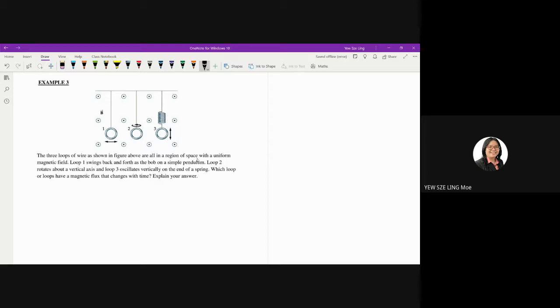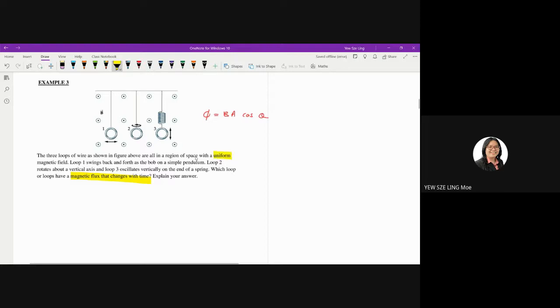So what are we going to do now? First of all, let us look at the equations. Which loop has a magnetic flux that changes with time? Let us look at the equation of magnetic flux. Magnetic flux phi equals BA cos theta. If you look at this question, they are all placed in the uniform magnetic field.